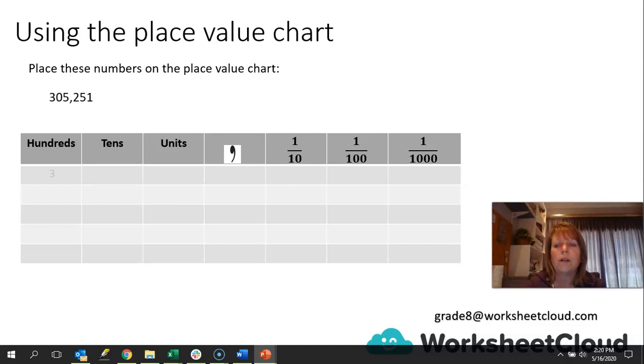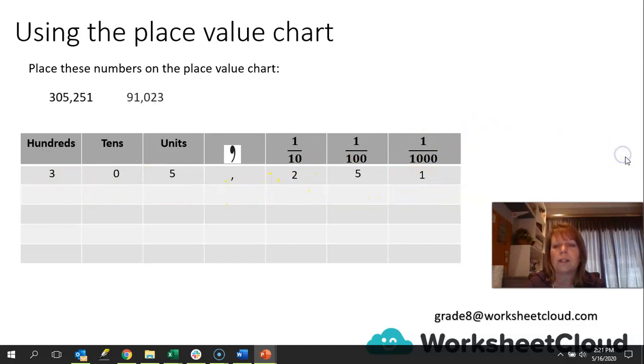So obviously the 3 goes in the hundreds, the 0 in the tens, that's a placeholder, the 5 in the units. That placeholder of the 0 is very important because if we left it out, we would say 35. Then we put in our decimal comma, and then 2 under the tenths, 5 under the hundredths, and 1 under the thousandths. So there we have 305,251.